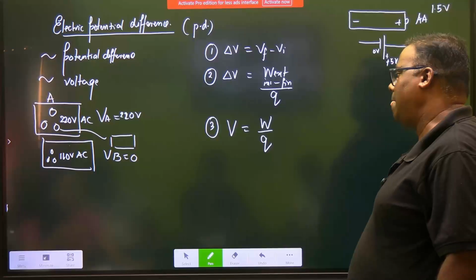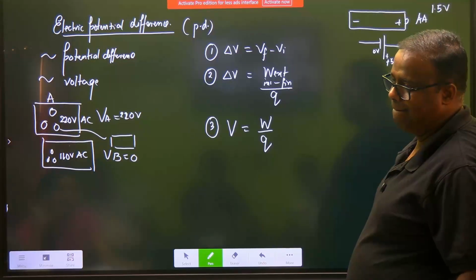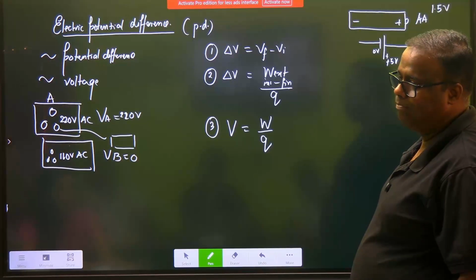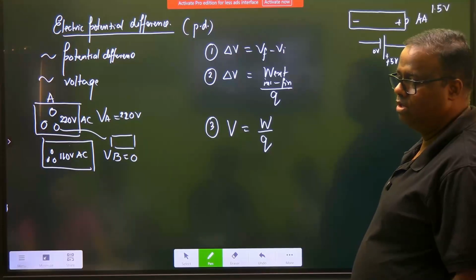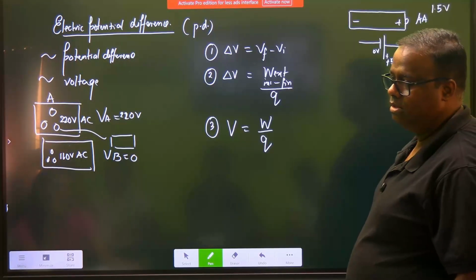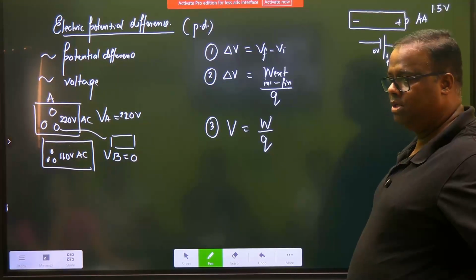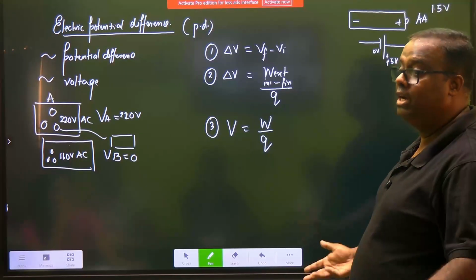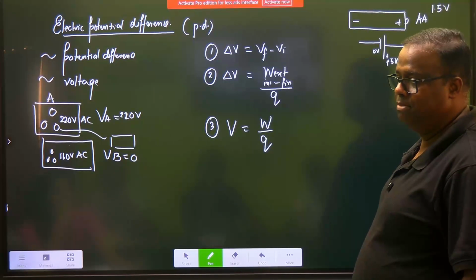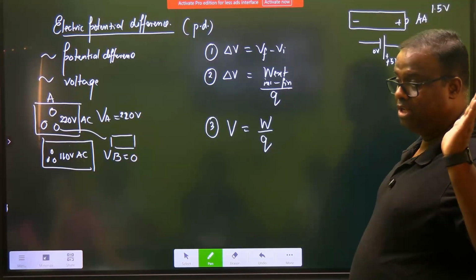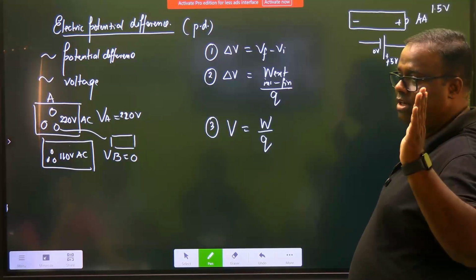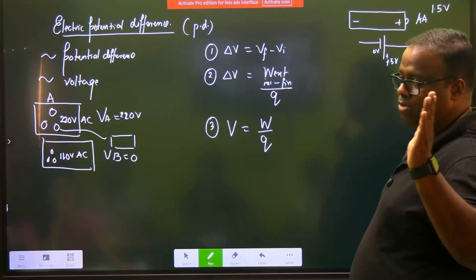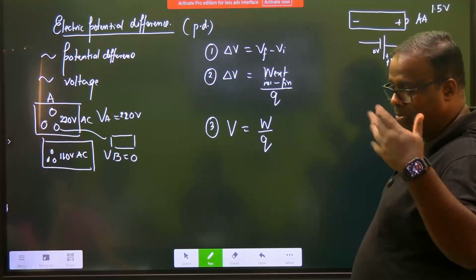Yeah, please. That we have to put an external work for it to be 1 volt. But we are not putting any external work? There's so much external work from the turbine to the generator station they are doing. If you don't do work, why are your daddy and mummy paying the electricity bill? Somebody is burning coal. Coal is getting converted into heat energy, chemical to heat to mechanical energy.